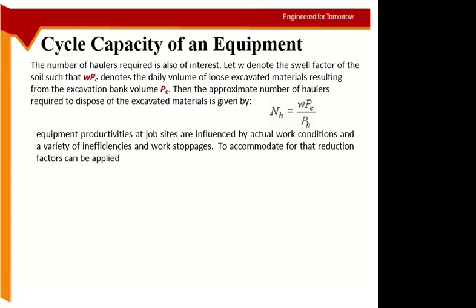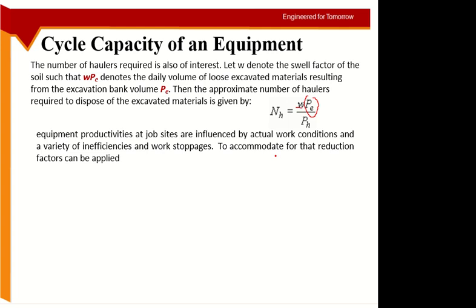So I should not calculate the number of haulers using the compacted rate. I should calculate the number of haulers using the loose material rate. So WPE, where PE is the compacted material rate and W is what they call the swell factor.